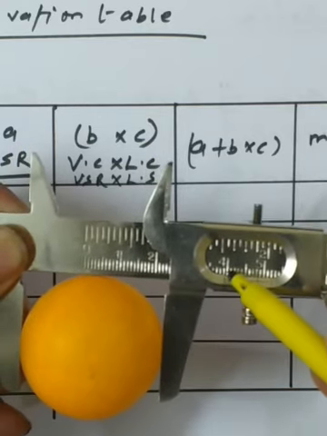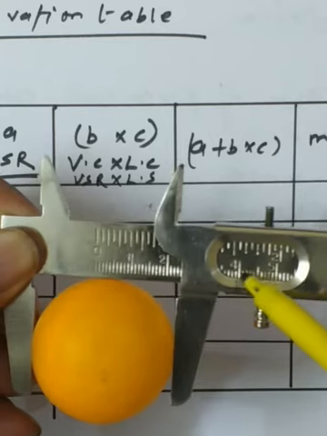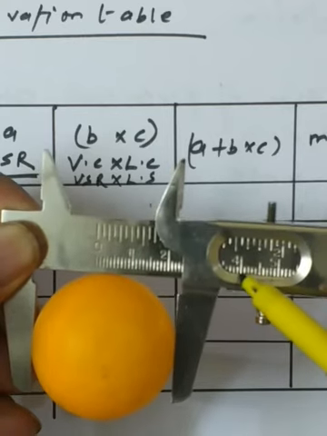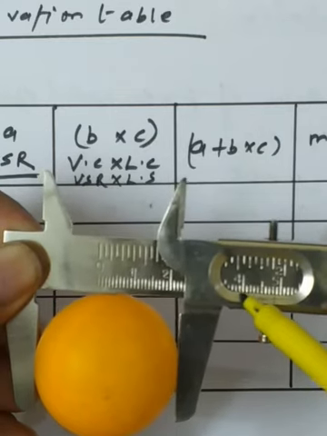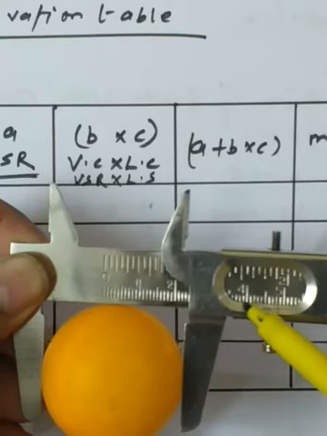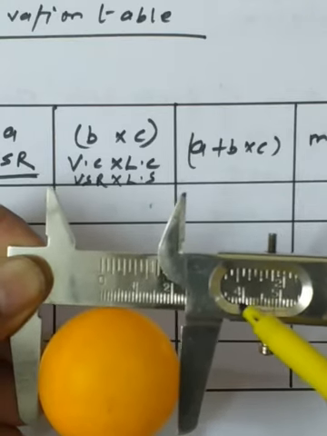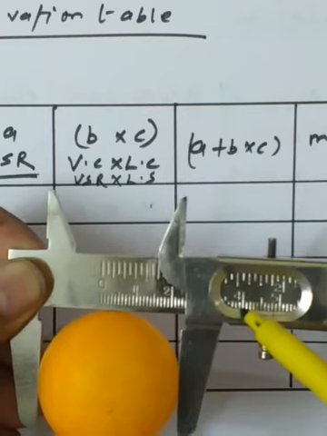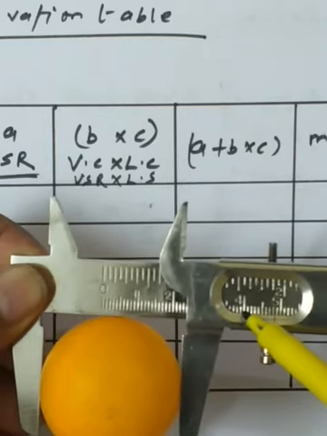It comes to about 3.9, because it is not coming directly on the bigger line. The figure hidden below the vernier scale I can read easily, as before the 4 the 3 will come. We have to mention 3.1, 3.2, 3.3, 4, 5, 6, 7, 8, 9.